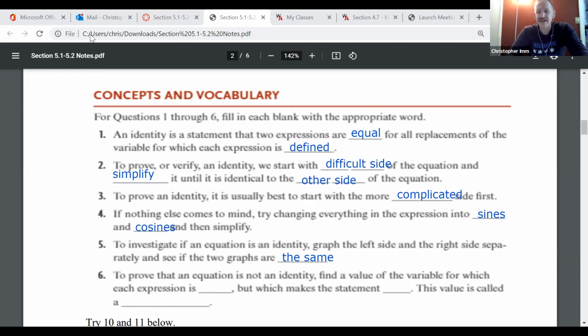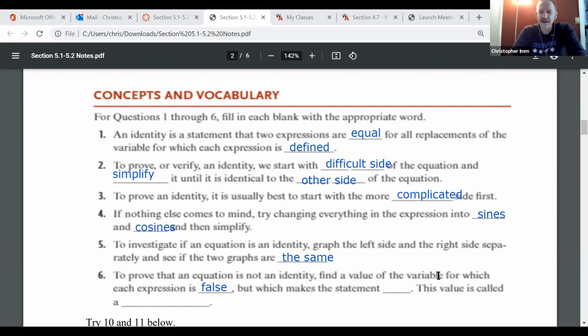To prove that an equation is not an identity, find a value of the variable for which each expression is false. So sometimes you can have something that looks like an identity, and it can be true for almost all the variables, but there might be a few that are not. If there's one counterexample, then it's going to be false.